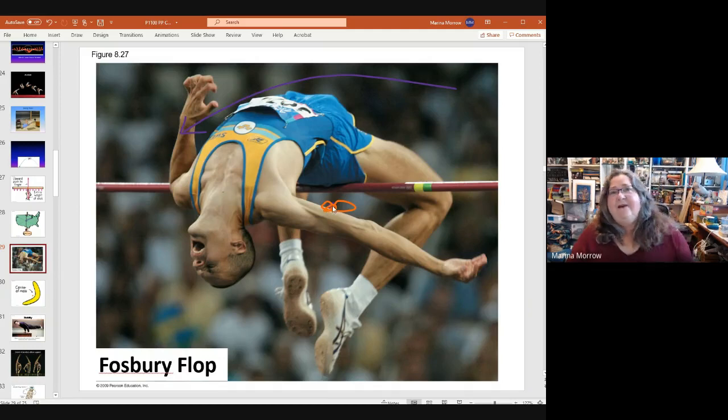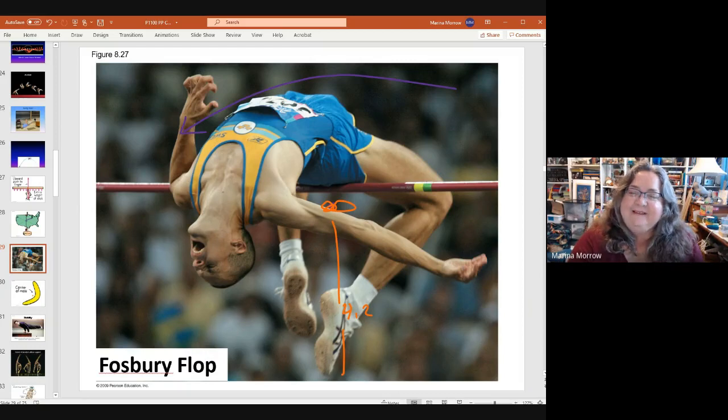Well, what this meant was that when you use your muscles to give yourself a jump, the height that you jump to depends on the force you're able to exert and the force you're able to use to raise your center of mass a certain distance. And so what was happening was that Fosbury was only raising his center of mass a certain height. Let's say that this is 4'2" or something. But because of that, he could go over a pole that was actually higher.